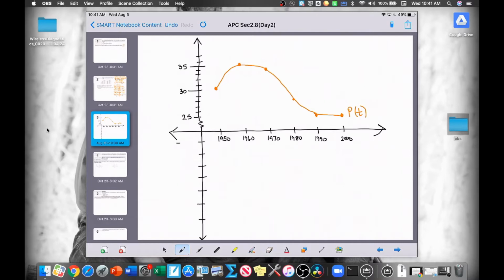Okay, so this is negative 0.1, negative 0.2, negative 0.3, 0.4, 0.5, 0.6, 0.7.